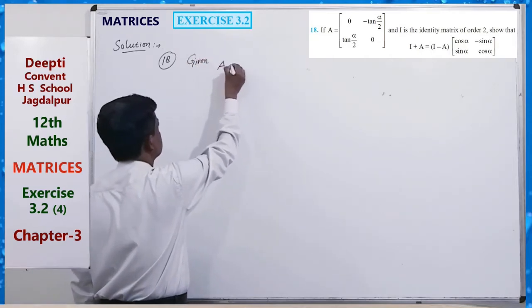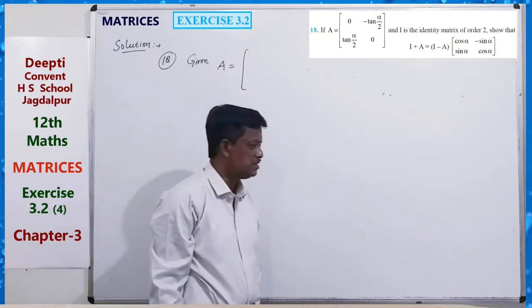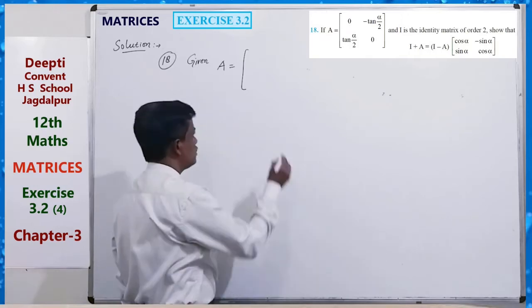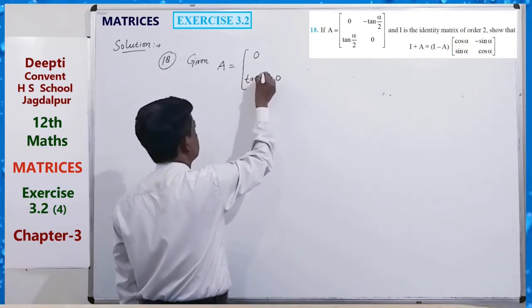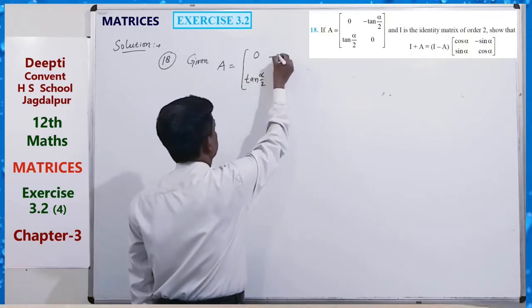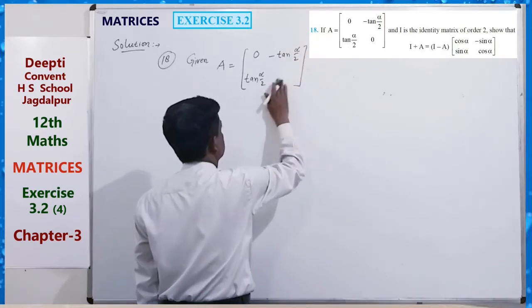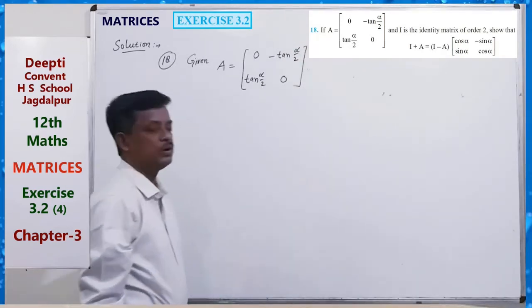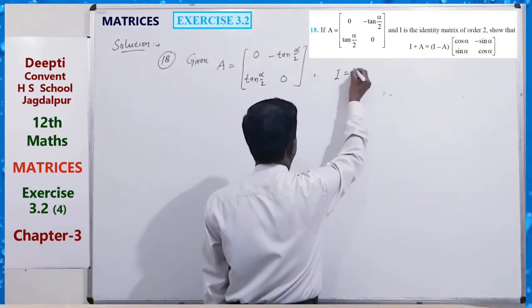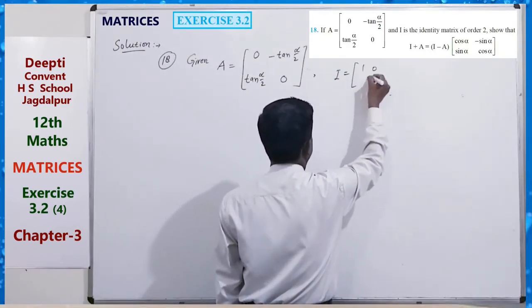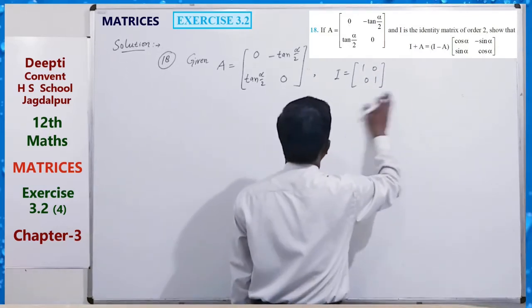Given A equals, a matrix is given: 0, minus tan alpha by 2, tan alpha by 2, 0. This is a 2 by 2 matrix. And also I is given: 1, 0, 0, 1, a 2 by 2 matrix. Okay, these are given.